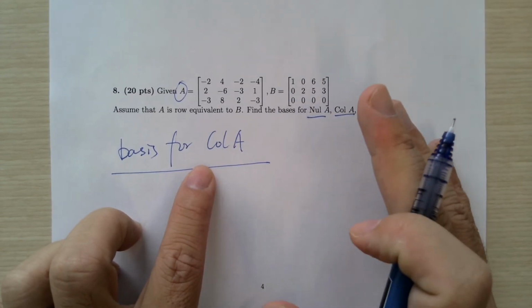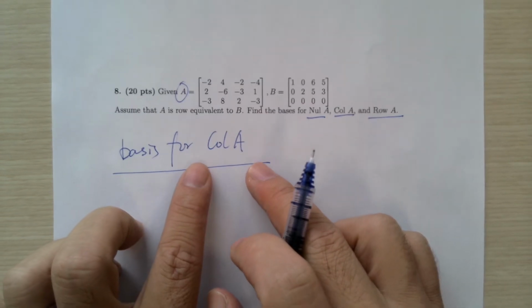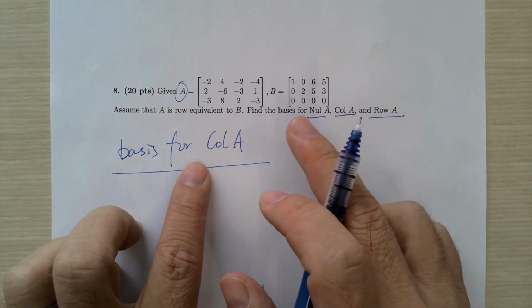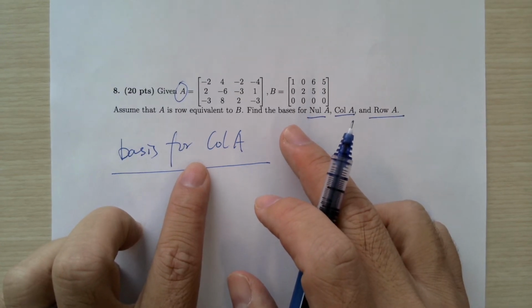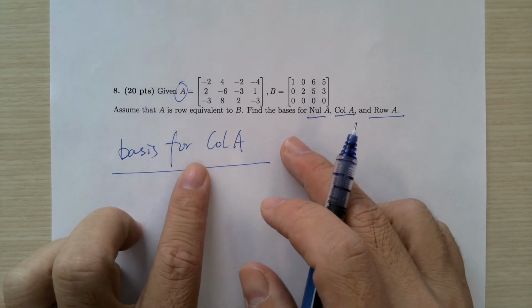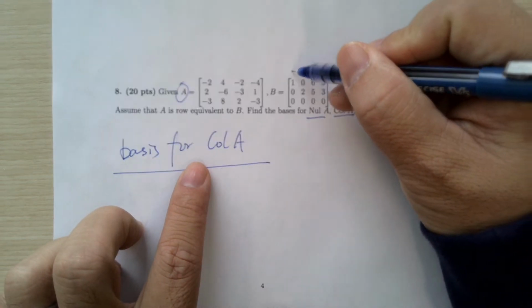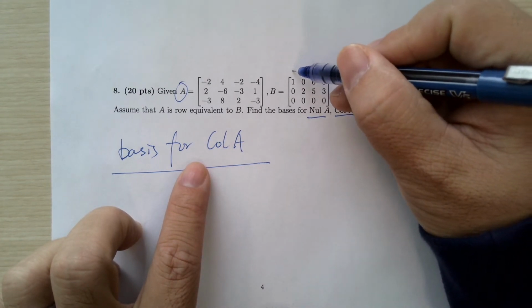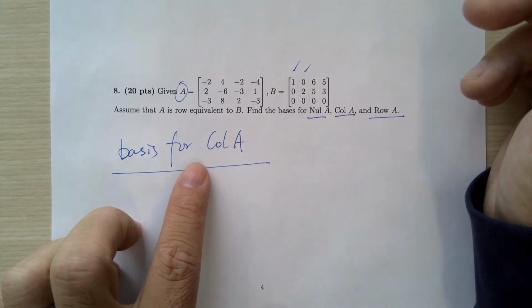The way to figure out its basis is to figure out the corresponding pivot columns. As you can see, the first column is a pivot column. The second one is also a pivot column.